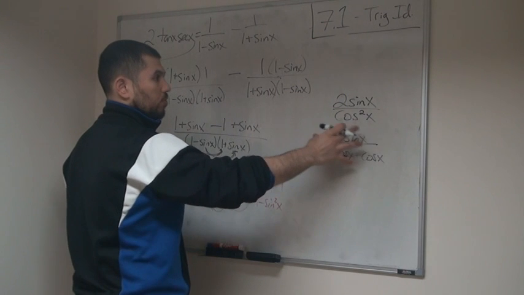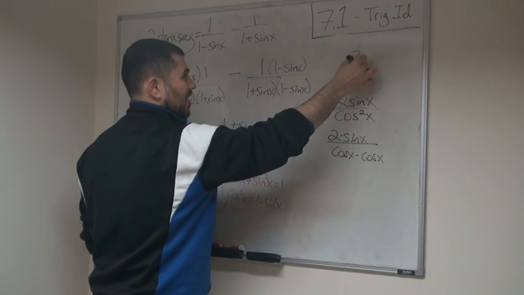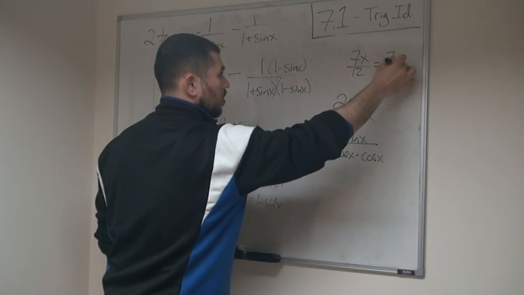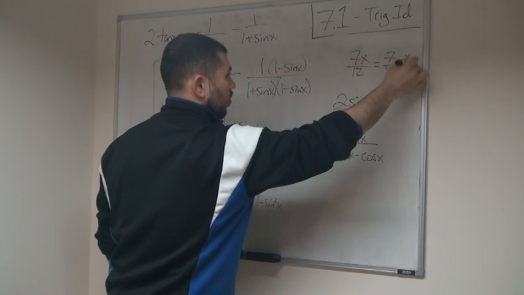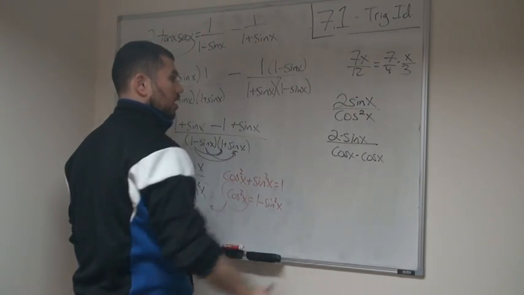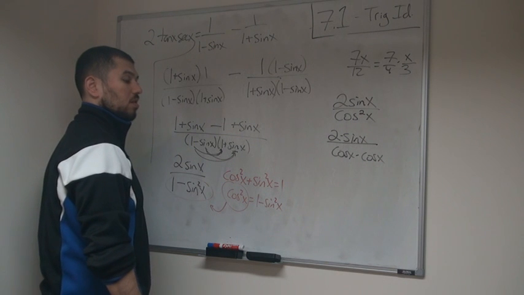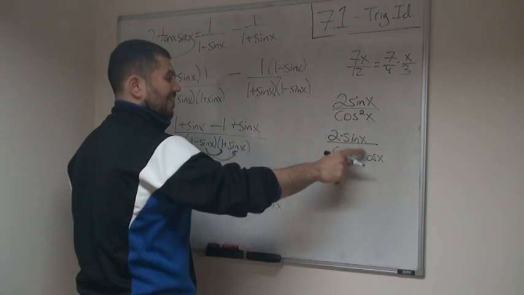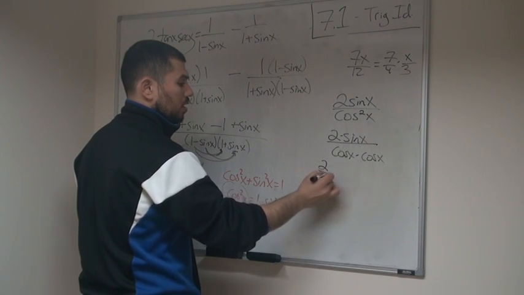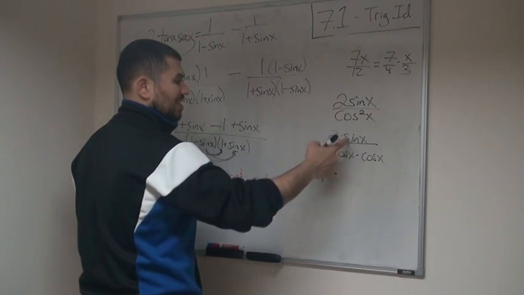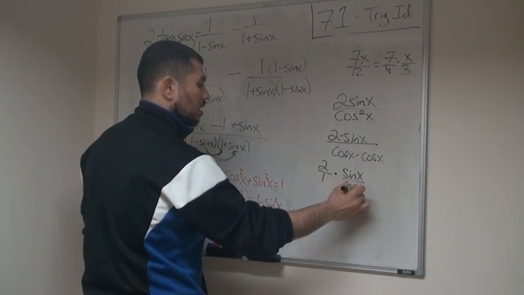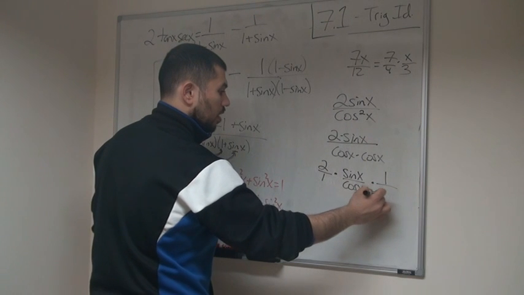Now in the world of multiplying fractions, 7x over 12 can be broken up to 7 over 4 times x over 3. Because when we multiply fractions, we multiply straight across. So having said that, I can convert this to a 2 over 1 times sine over cosine times 1 over cosine.